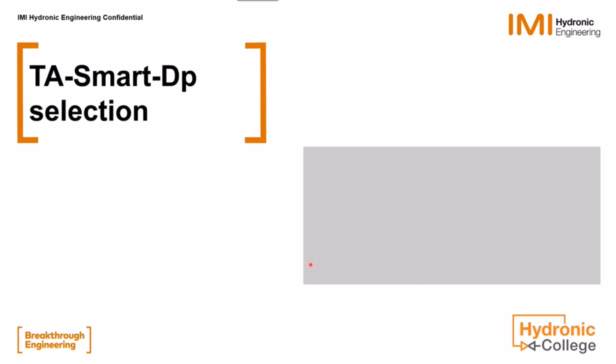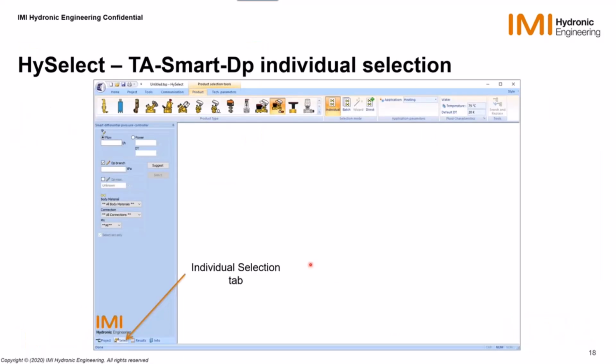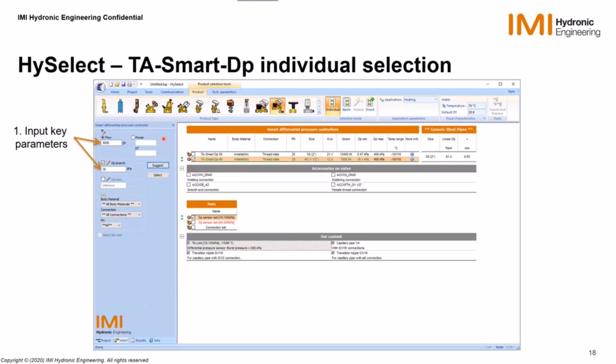About the TSMR-DP selection, it has been developed into iSelect. So you go to the individual selection tab first to see the individual selection, and then you have a new section which is Smart Differential Pressure Controller, and into it you are able to first input some key parameters, the flow clearly as usual, or the power and delta T. But usually for delta P controller, it would make sense that you indicate what is the delta P to be stabilized, or at least roughly the value.